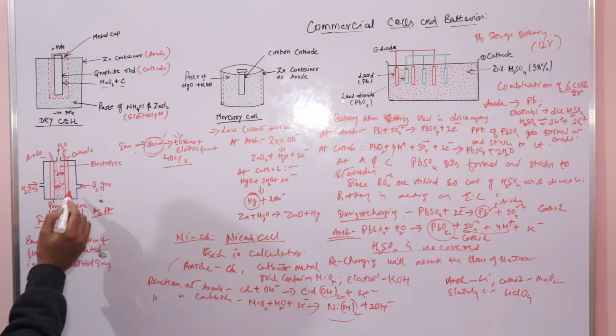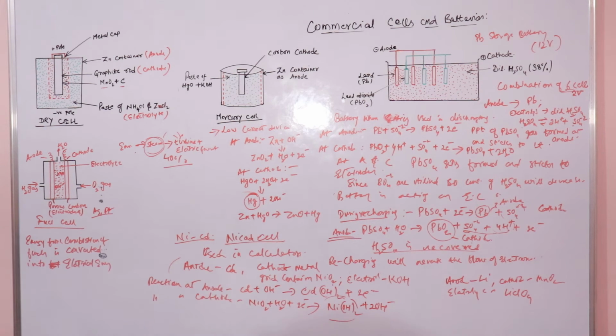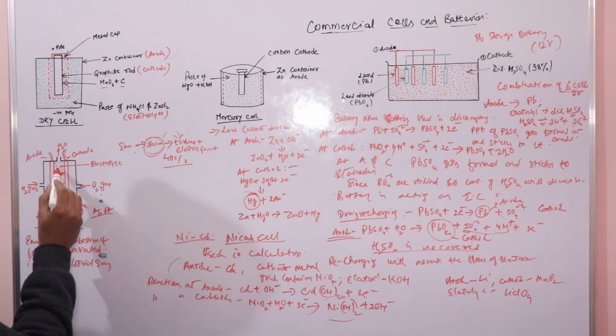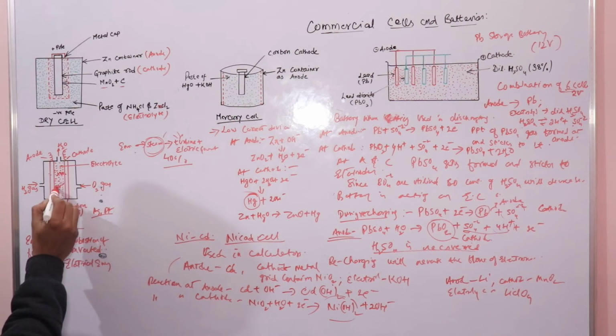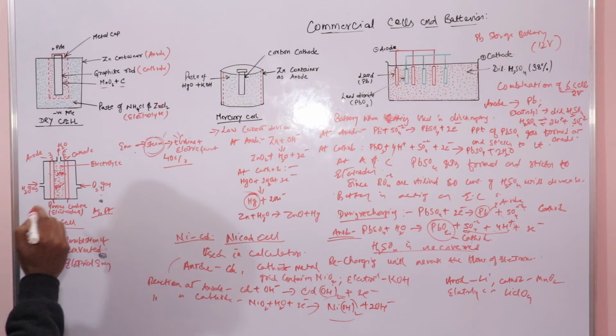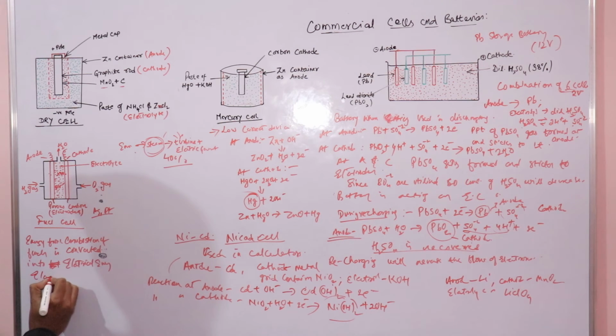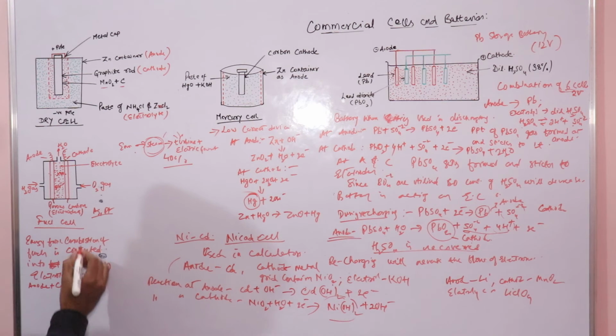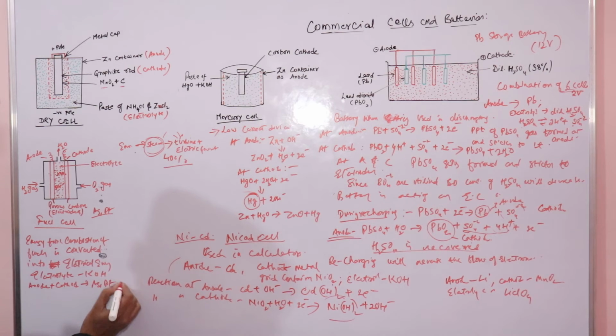You pass hydrogen and oxygen gas at around 50 atmospheres and 525 Kelvin, and inside we have the electrolyte, potassium hydroxide. The anode and cathode contain this catalyst, which is used to catalyze the electrode reactions that we will do in a moment.